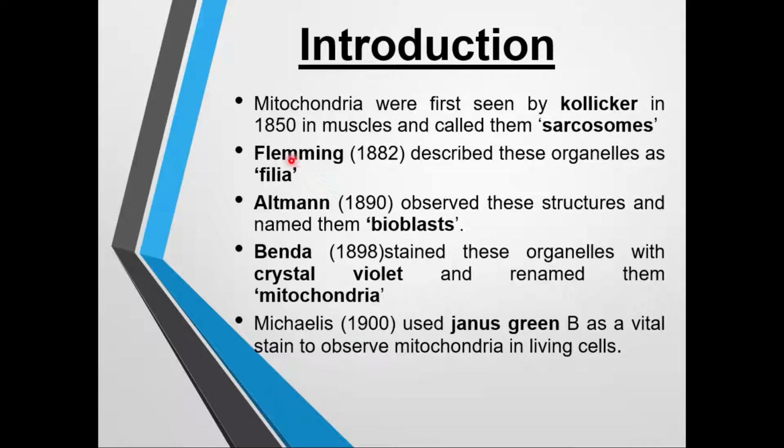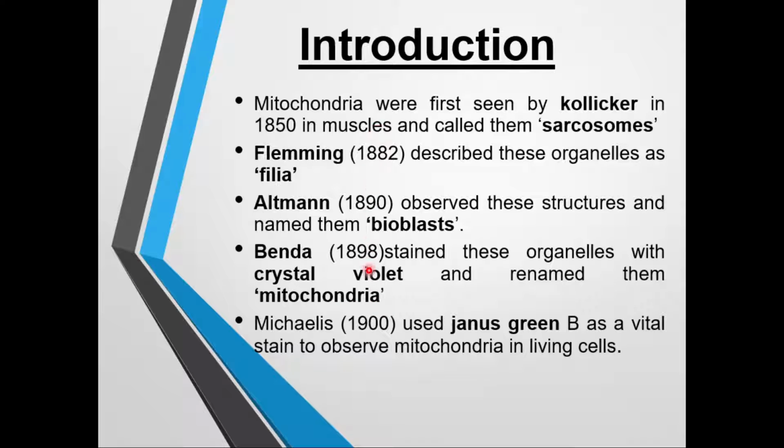Then Altman in 1890 observed these structures and named them bioblasts. Fleming named them philia, Altman named them bioblasts. Benda in 1898 stained these organelles with crystal violet and renamed them mitochondria.